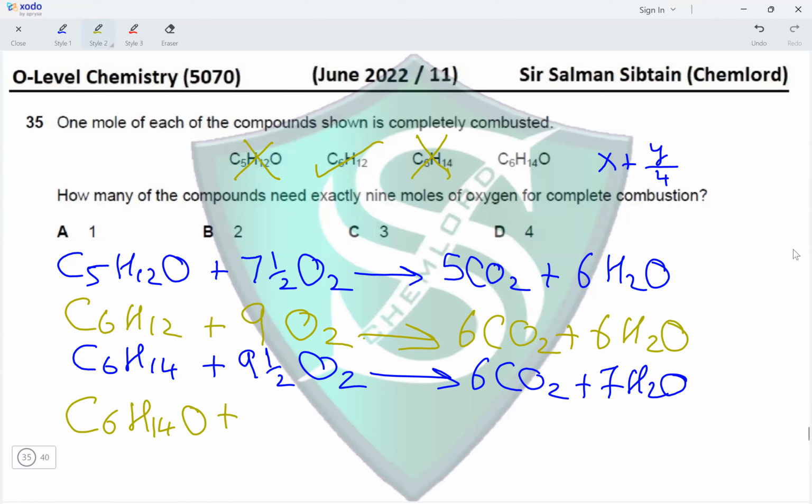When we subtract half, we end up with 9 moles of O2, giving us 6 moles of CO2, and 14 upon 2 is 7 moles of H2O. So this is another molecule which requires 9 moles of O2. So in total, we have two molecules that require 9 moles of oxygen, making option B the correct option for this question.